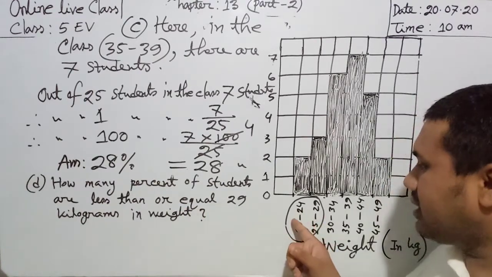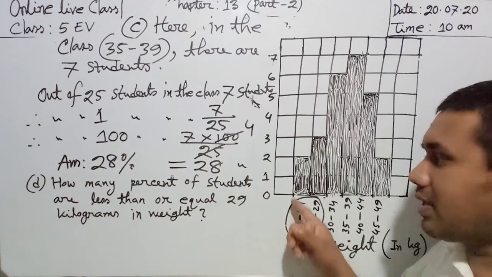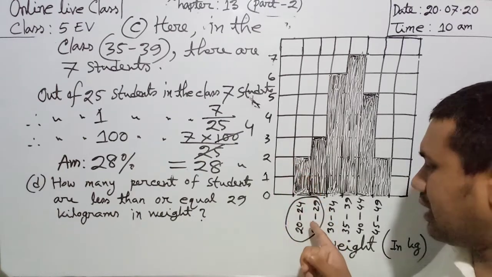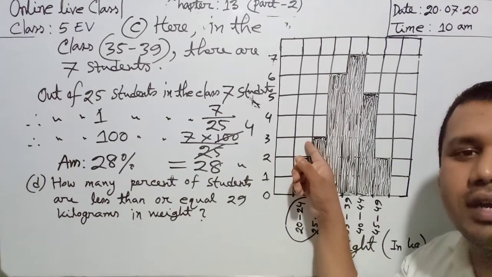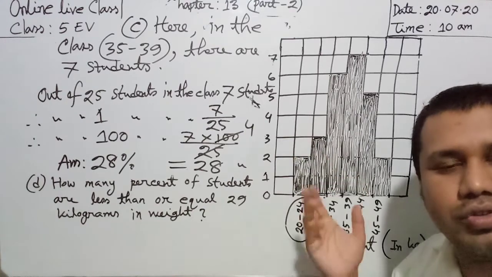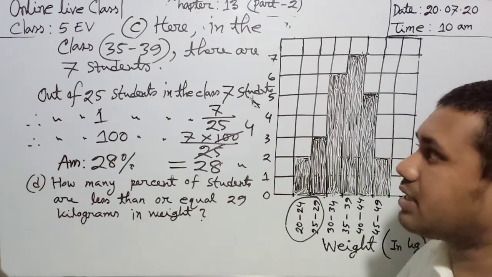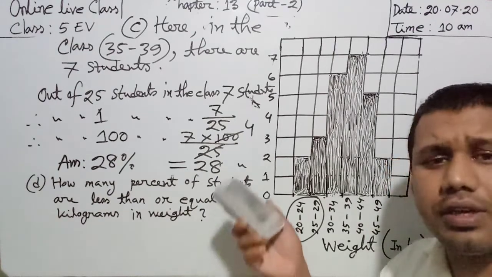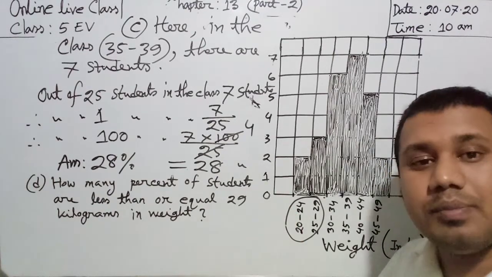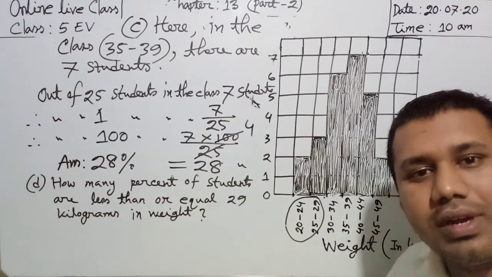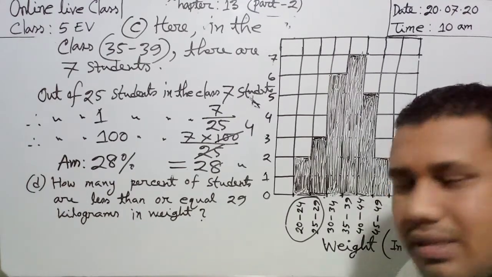So how many students? In the 20 to 24 class, 2 students, and 25 to 29, there are 3 students. So it will be 2 plus 3, that means 5 students. Good. Now dear students, I think you copied all of problem number C. Now we will go to problem number D.